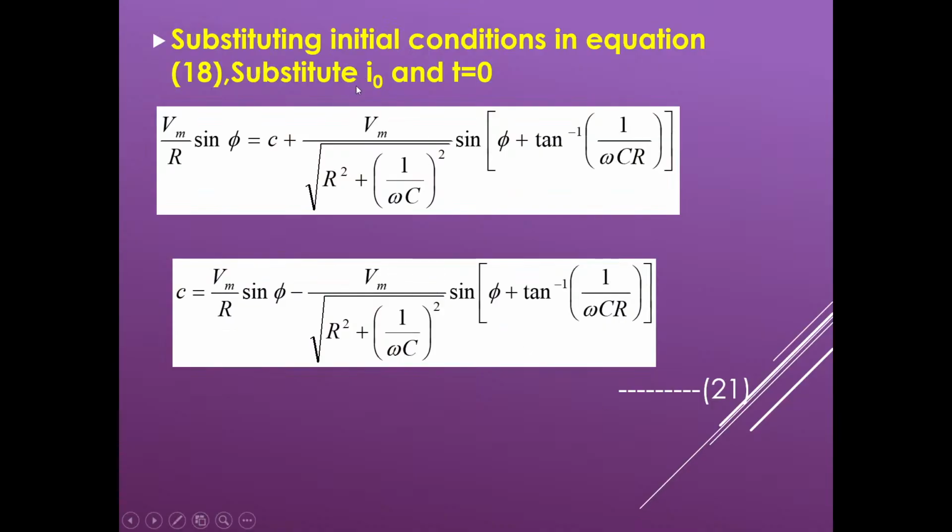In equation 18, I have substituted the I naught value, and wherever t was there, I have substituted 0. So this is what I will get, and just rearrange the terms, you will get C.